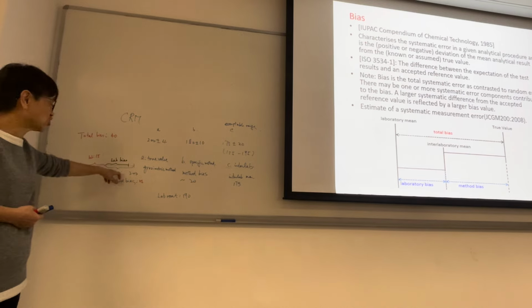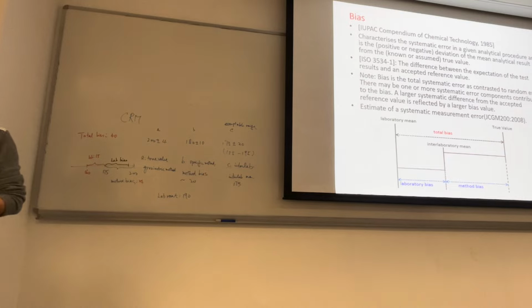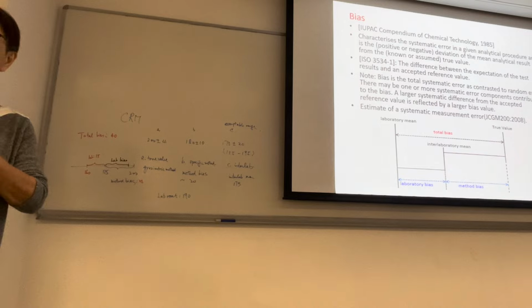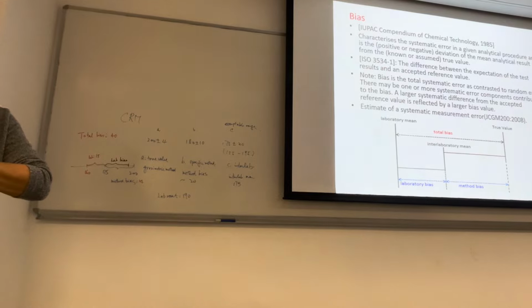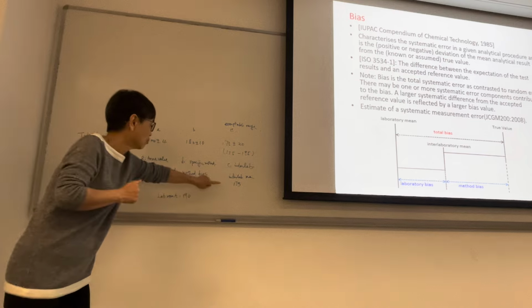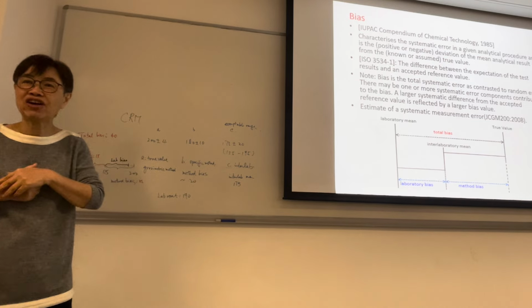Because for the first scenario, don't think that with a specific method, that means within an interlaboratory study, you specify a method, that method may not be 100% recovery. Then by the best performance within that laboratory, the mean result is only 175.